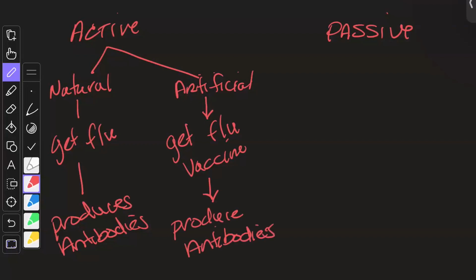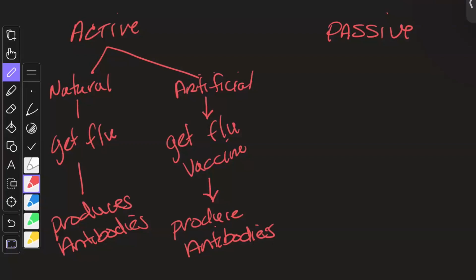This is why the fact that we have to produce the antibodies is why you can get sick after you've gotten the flu vaccine. It does not mean that the flu vaccine made you get sick. Unless you're getting the nasal version, which is the live virus, the flu vaccine is inactive. It's not going to make you sick.